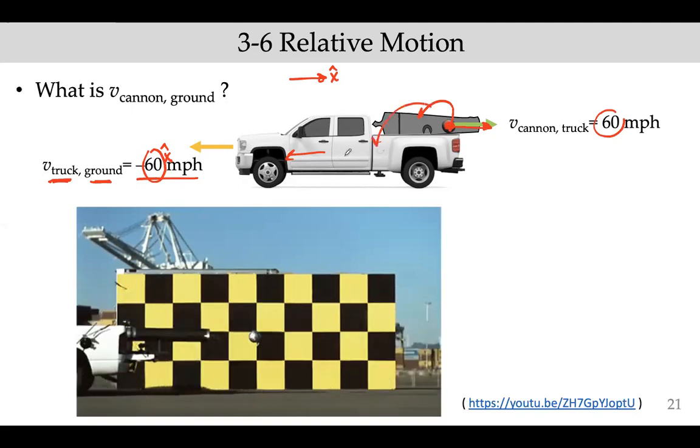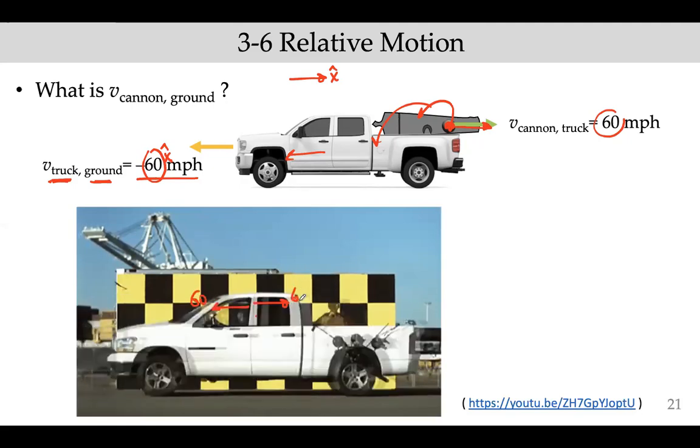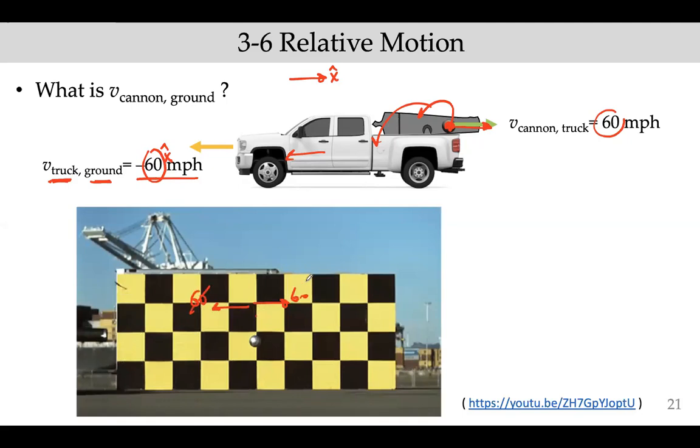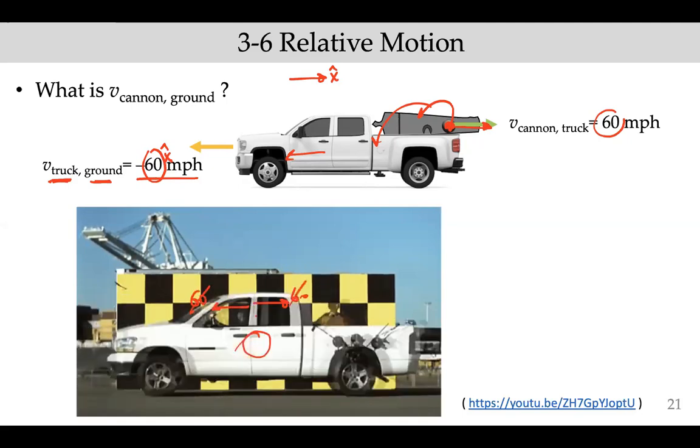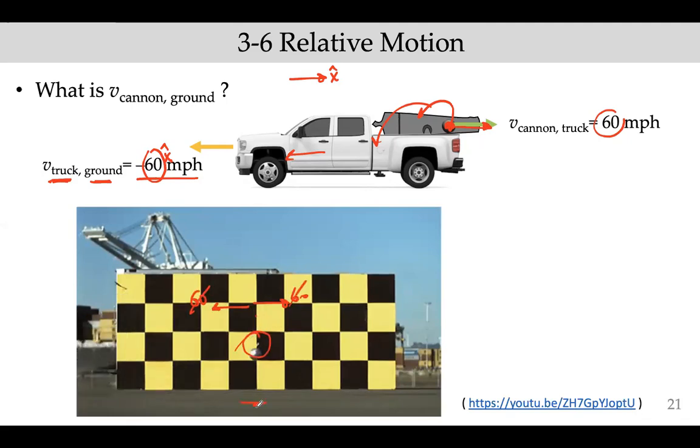Now what happens if you do this experiment? You can see here, the cannon is fired, so the truck is moving with 60 to the left, and the cannon is fired with 60 to the right. Because these cancel out, the speed of the cannonball with respect to the ground is 0.